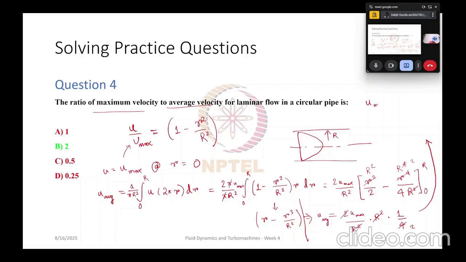So if I now write u max by u average, then that should be equal to 2. And this is true for any laminar flow through a circular pipe. Hence, option B is the correct one.